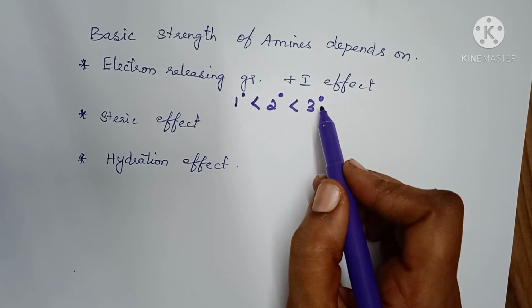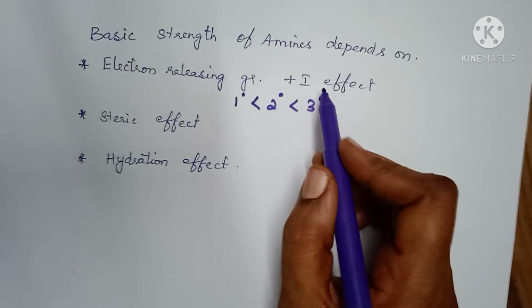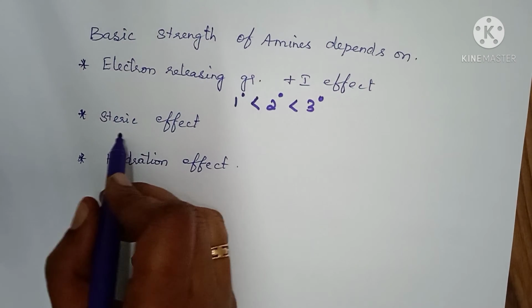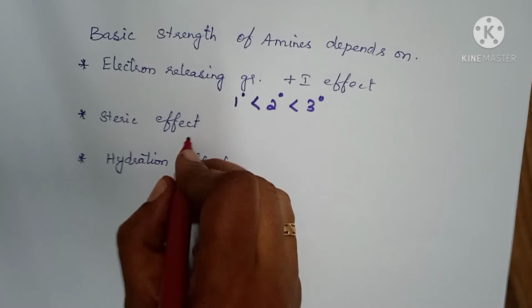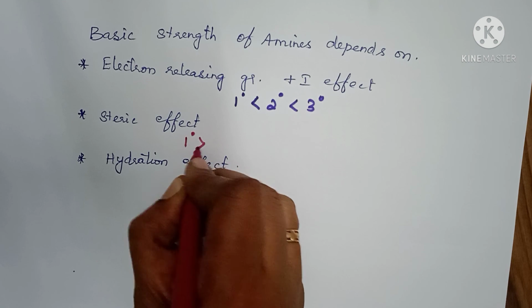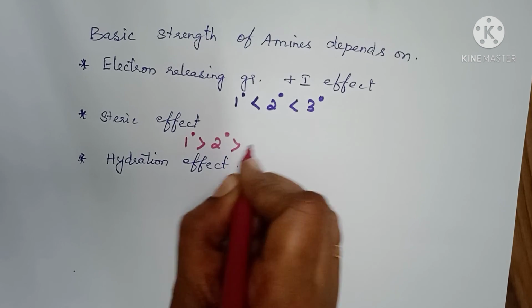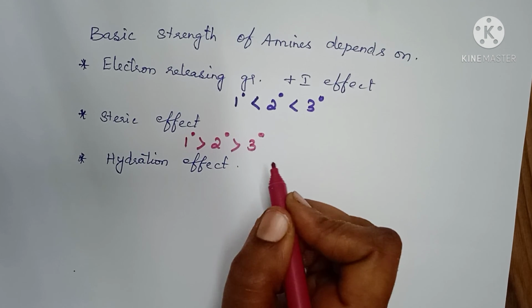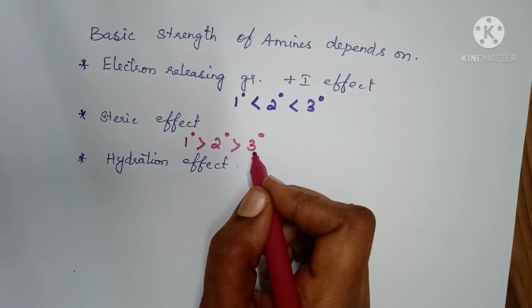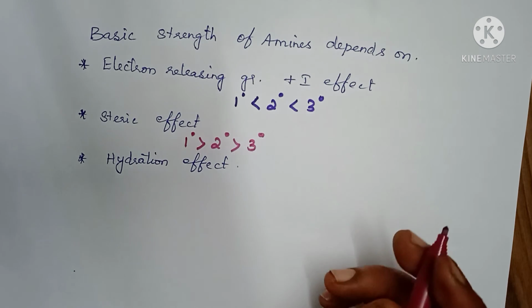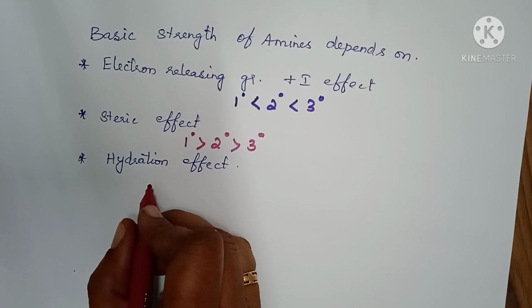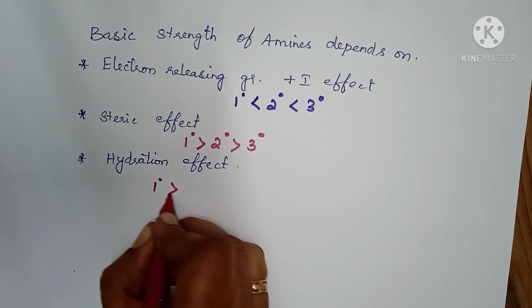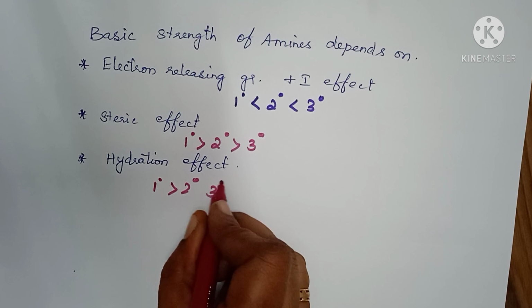So tertiary amines are strongest according to plus I effect. But in steric hindrance, primary amines are stronger than secondary amines, which are stronger than tertiary amines. Steric hindrance will naturally be more in tertiary amines. Next, hydration effect also: primary amines, then secondary amines, then tertiary amines.